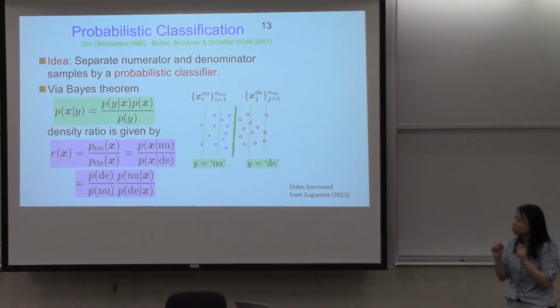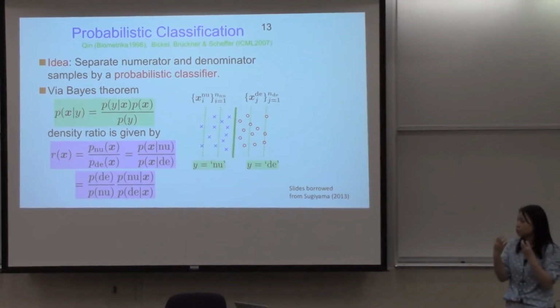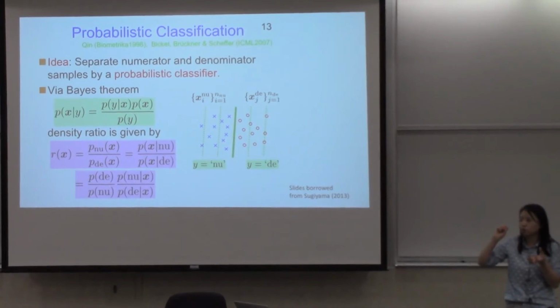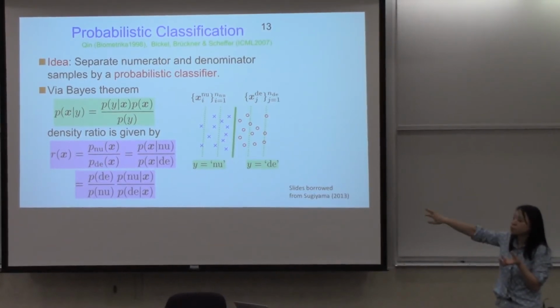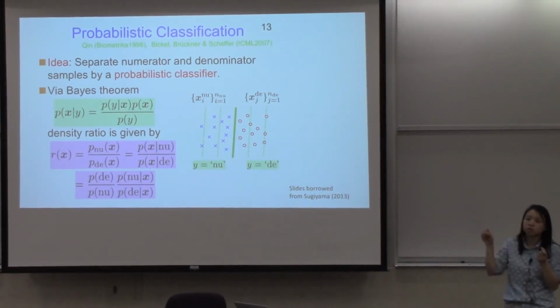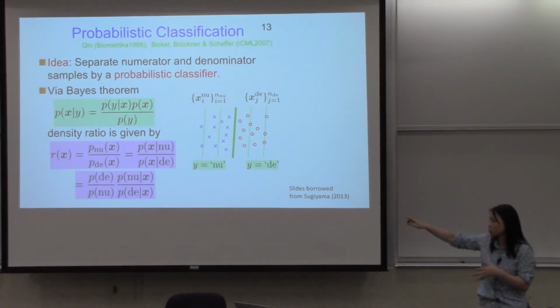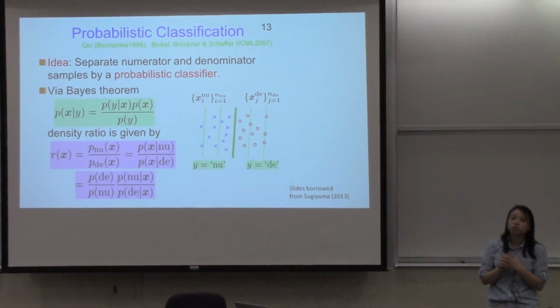And then you also have something that you can predict with. For example, when you get a new x from somewhere, you can compute this ratio by doing a prediction using this classifier, getting these two values from the classifier and doing this computation to get the density ratio.